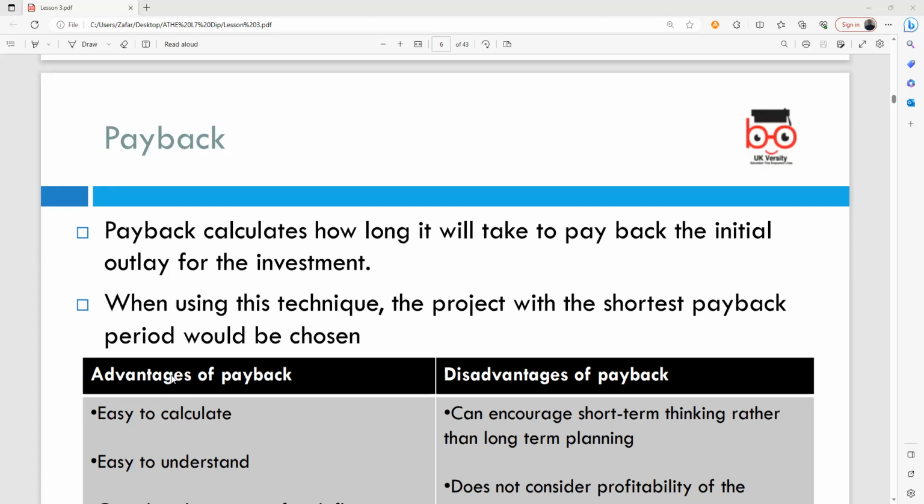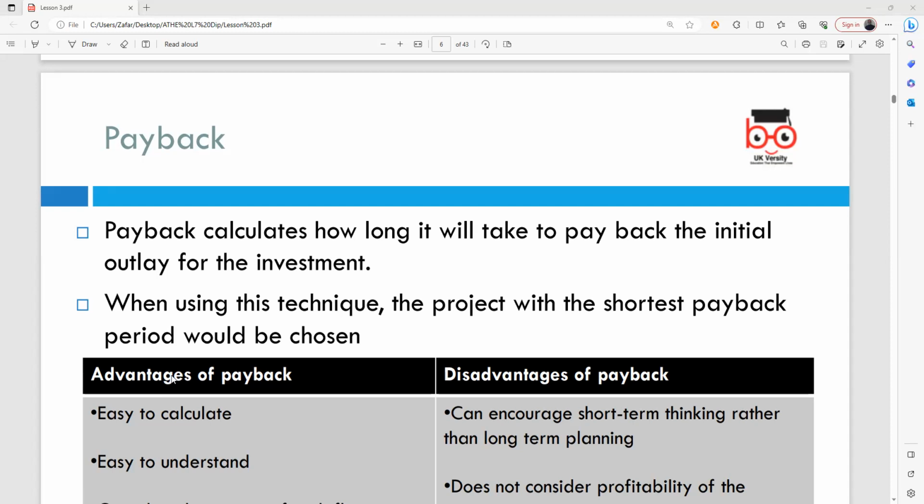For example, if you bought a building for £100,000 and it will take you 3 years or 4 years to recover your initial investment money, this is the time period. This is the payback method, the payback period. After that, whatever you get is your profit.